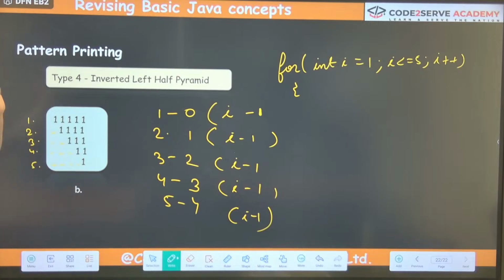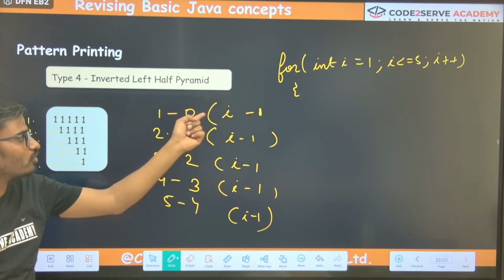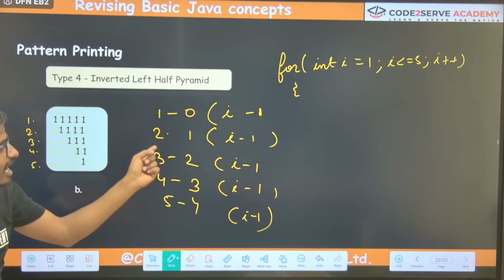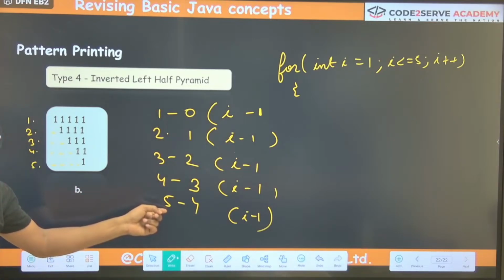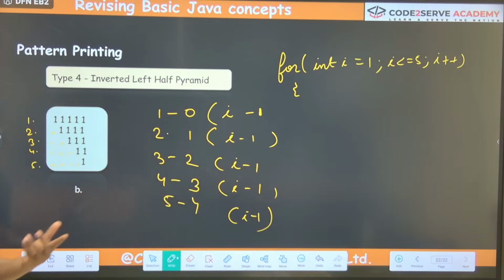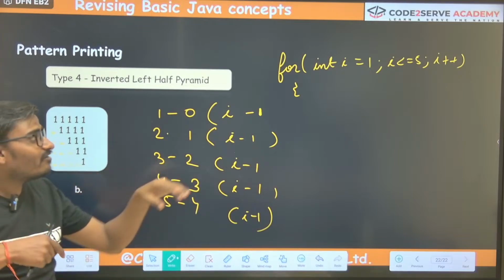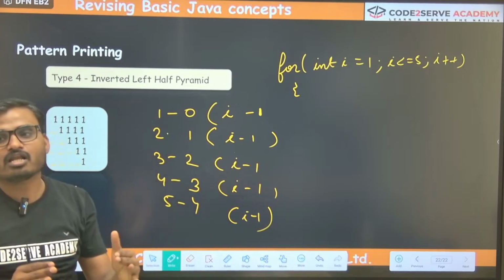Now you try to run it. If the I value is 1, then you subtract 1 by 1, it will become 0. So total 0 spaces. When the I value is 2, then 2 minus 1 is 1 white space. Similarly, for the last row, when I value is 5, if you subtract by 1, you will get 4. So even if you start from 1 or even if you start from 5, you can build the logic on your own.